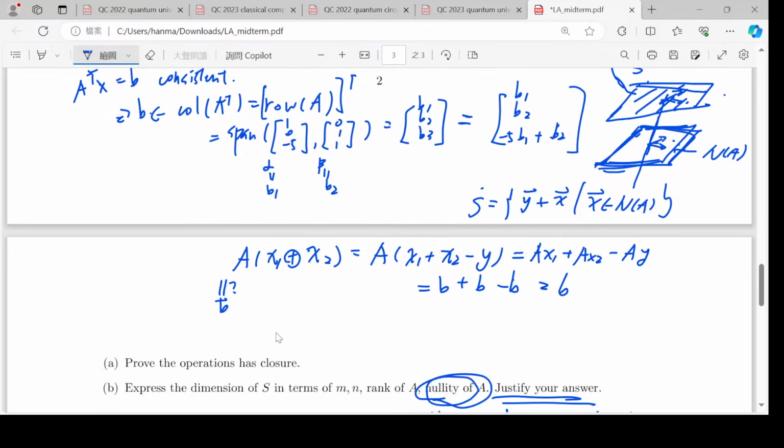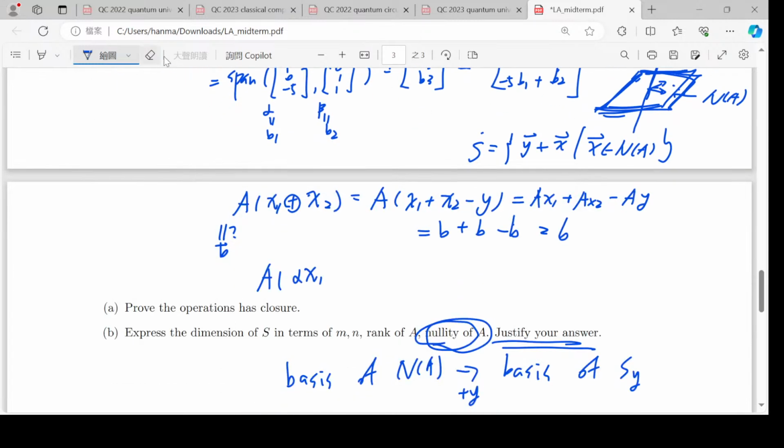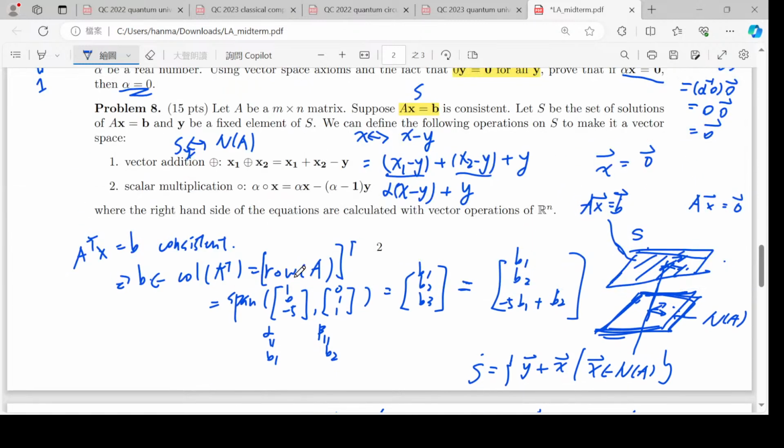And similarly, A of alpha circle x1. We don't need this one here. Alpha circle x equals... let's see what's here.